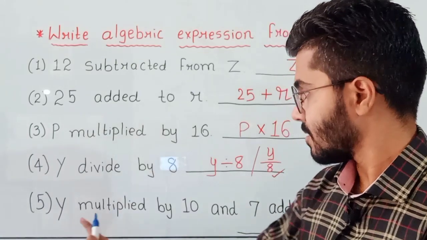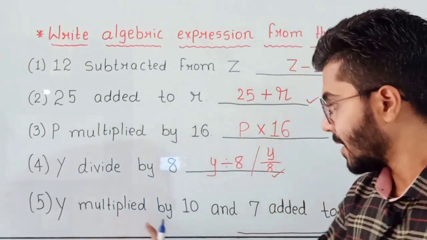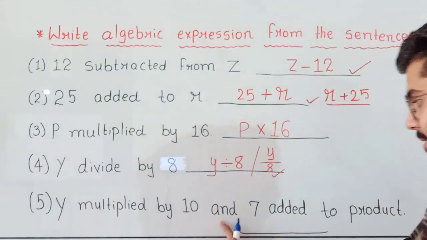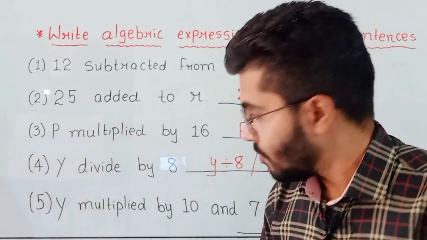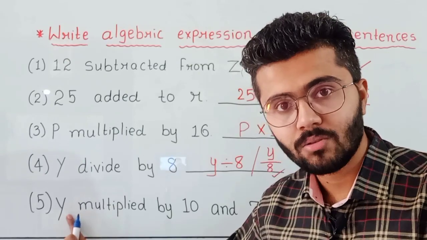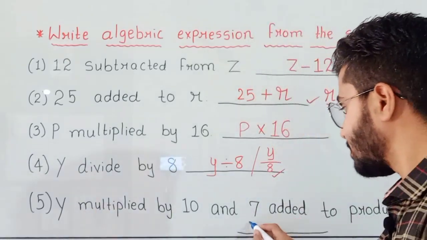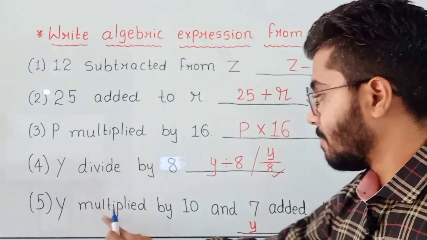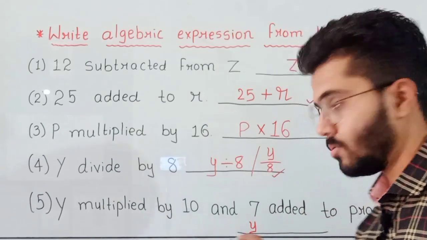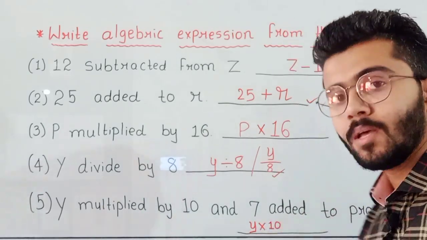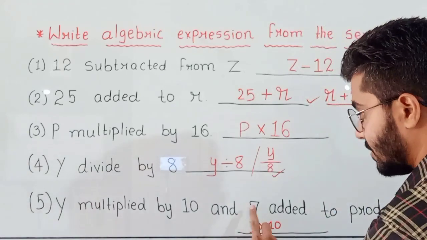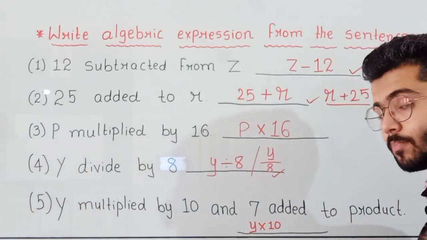Okay. Next, Y multiplied by 10 and 7 added to the product. So first, what is given? Y. So we'll write Y multiplied by 10. So Y multiplied by 10 and 7 is added to the product.